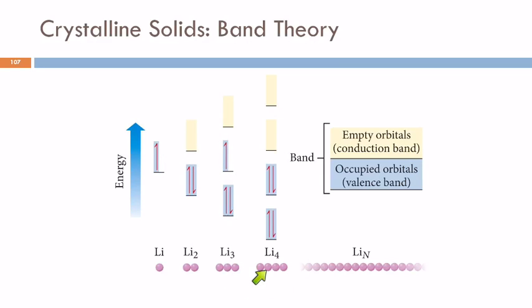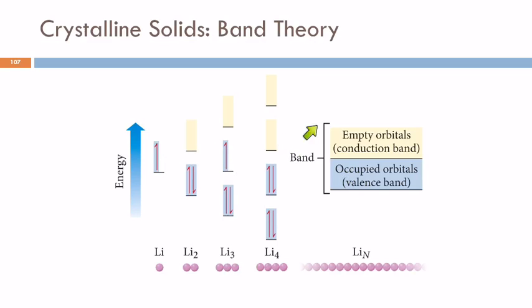Here's Li4, and we see here that the bonding and the anti-bonding orbitals, this one didn't work out very well. These two are closer together than these two. Do you see that? This line and this line are closer together. Because as we add more and more, these start to blend together and they get closer together.